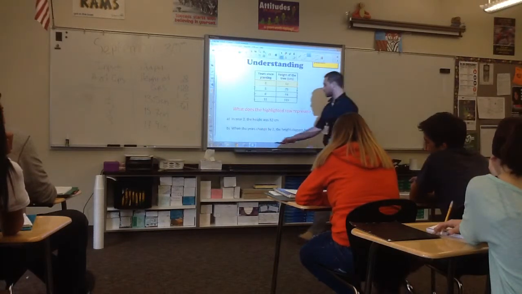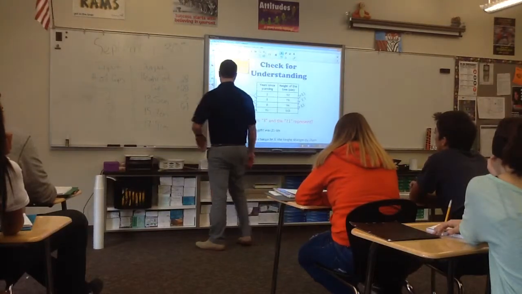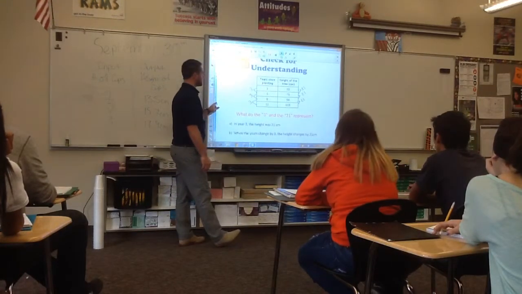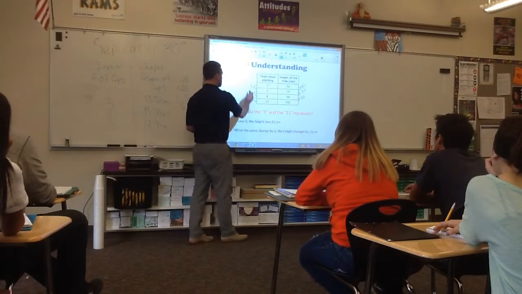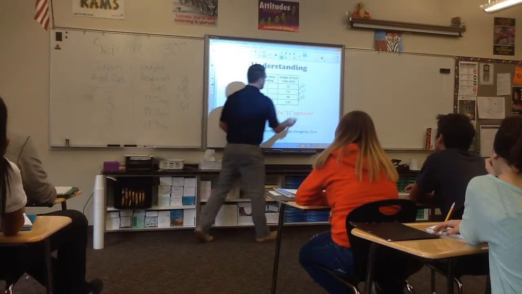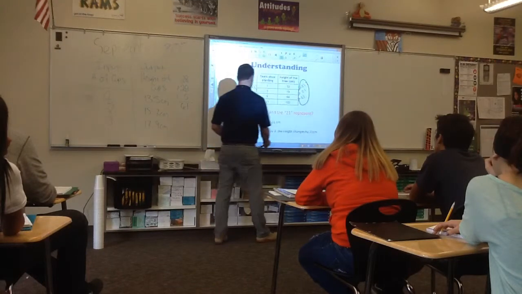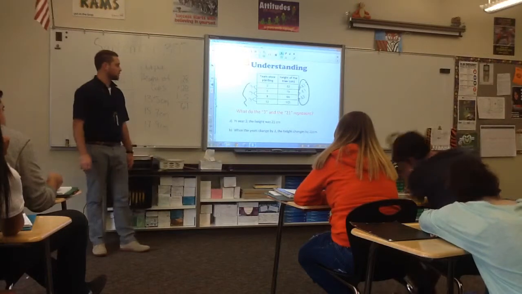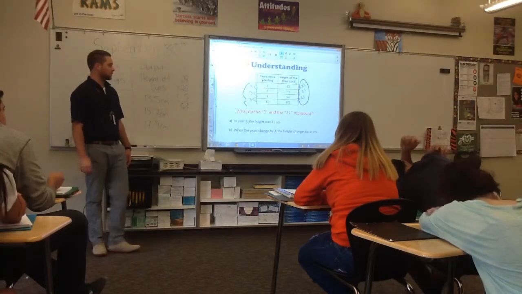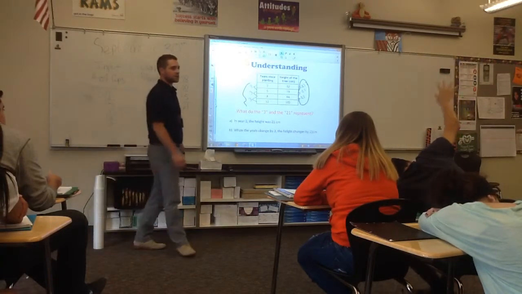Okay, so that brings us to our next question. Heads fully down. Yep, we'll do it again. It says, what do the 3 and the 21 represent? The 3 being these over here, and the 21 being these over here. Is it A, in year 3, the height was 21 centimeters? Or is it B, when the year changes by 3, the height changes by 21 centimeters?